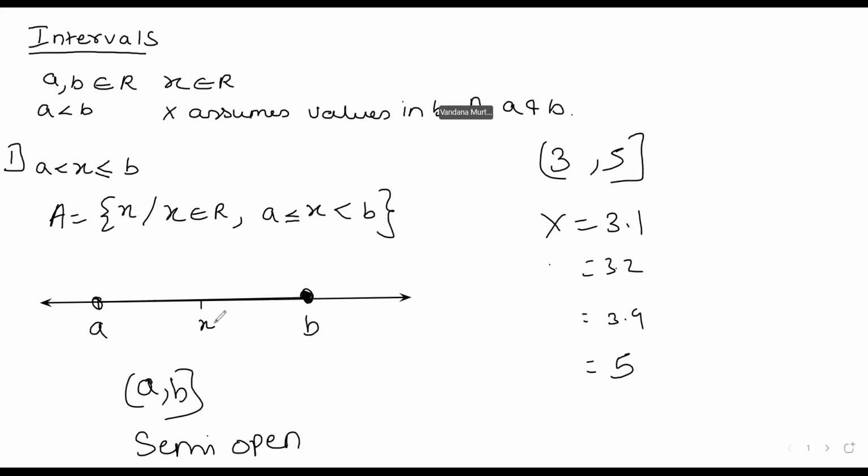So X जो है वो 3 assume नहीं करता as its value, but it will go up to 5. So अगर यहाँ पे 3 है, यहाँ पे है 5, तो X ऐसे रहेगा. इधर तो ये टच कर रहा है, लेकिन इधर ये टच नहीं कर रहा है. Getting this? This is called as semi-open interval.